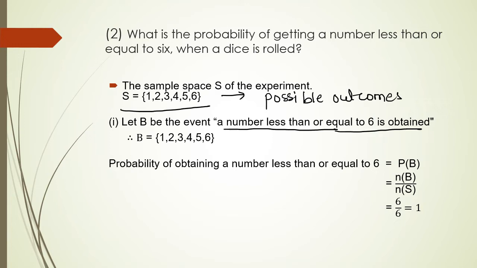There is no number greater than 6. So n(B) is equal to 6, and n(S), the sample space, is also 6. So the probability of obtaining a number less than or equal to 6 is the number of favorable outcomes divided by the total number, which is equal to 1.